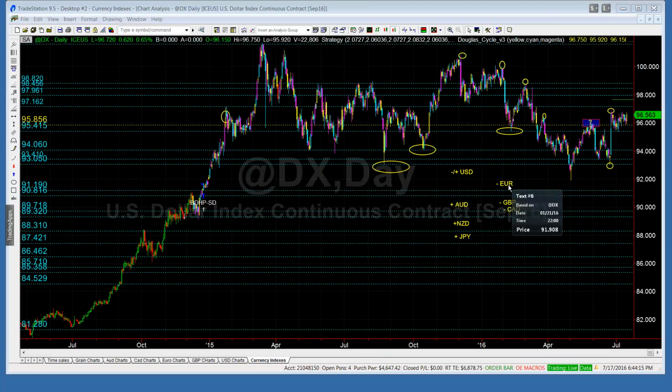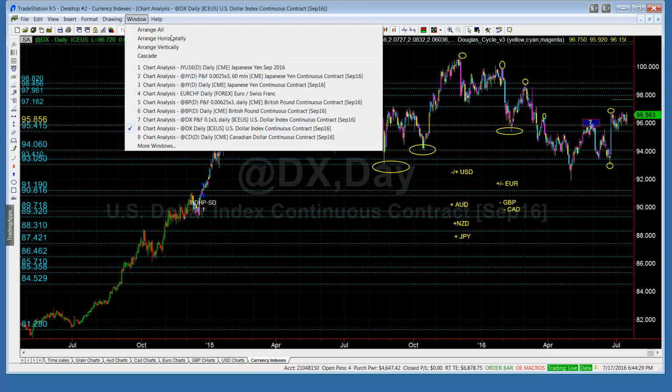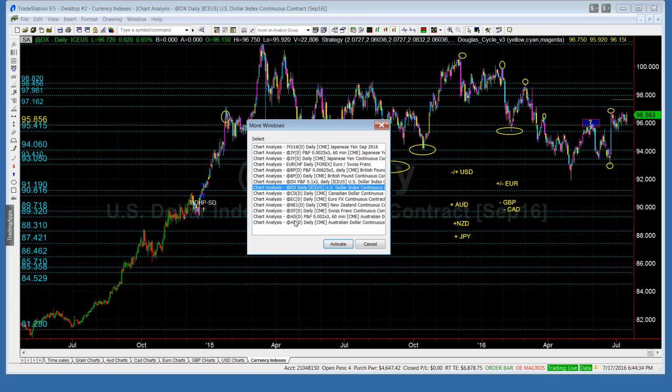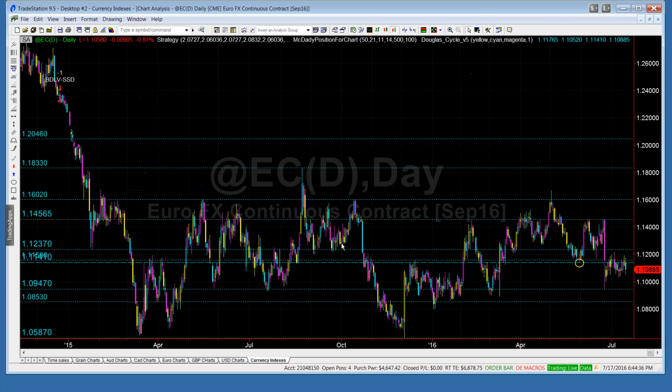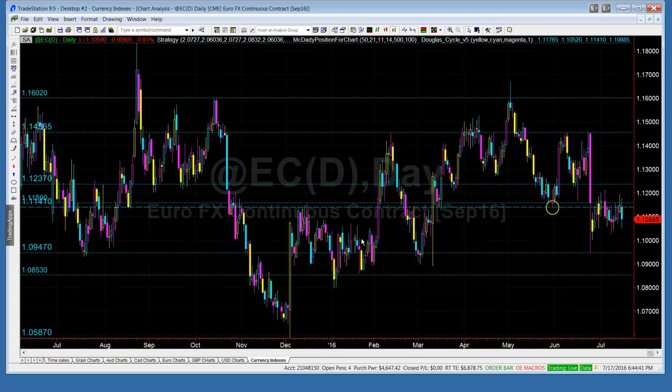We're going to be actually positive for the euro, and I'm going to show you why. The euro has broken the 111.41 structure point.